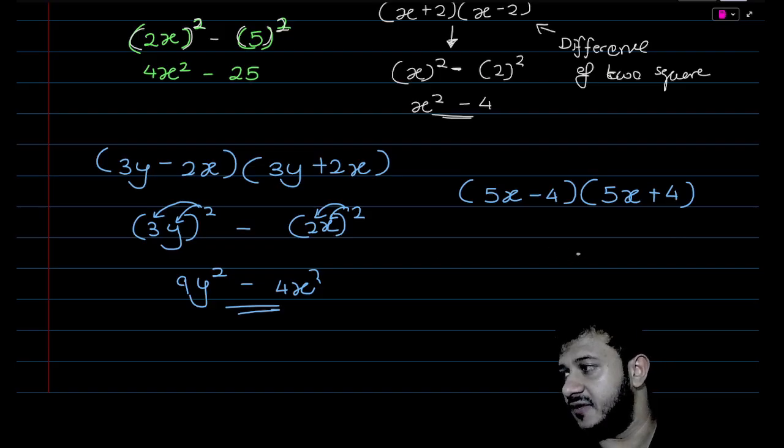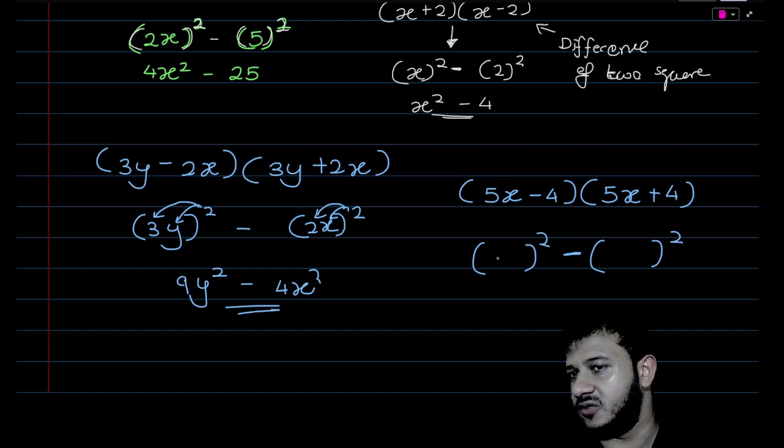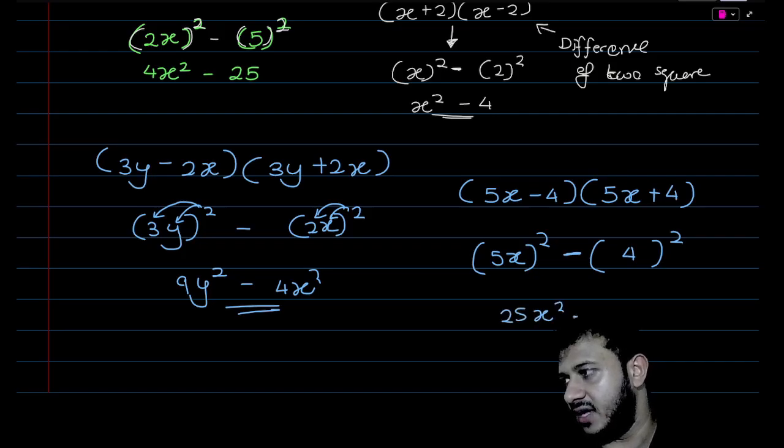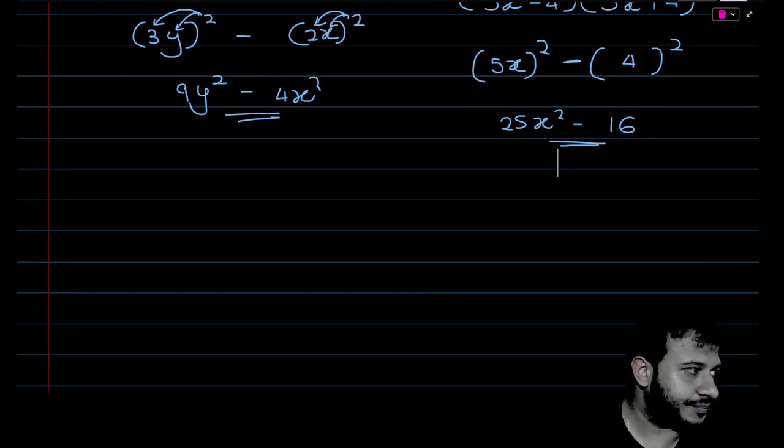Difference of two squares. Difference means minus, and you write two squares on either side. And what are the two squares? 5x is the first term, 4 is the second term. So 25x square and a minus 16. Perfect.